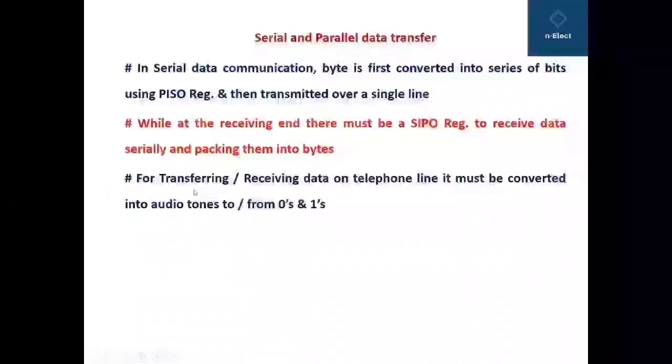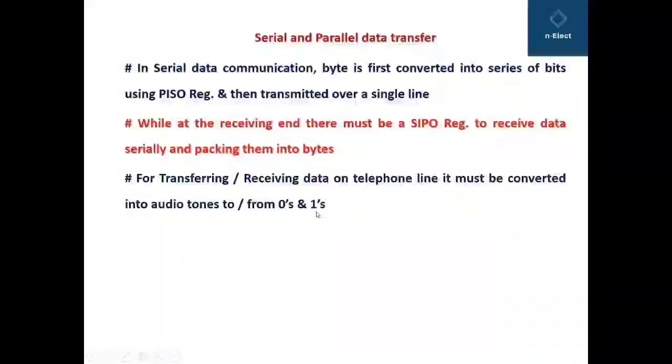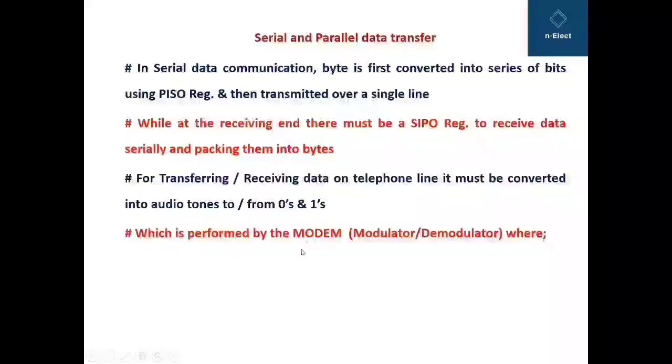Therefore, for transferring or receiving data on a telephone line, it must be converted to and from audio tones. That is, for transferring the data, zeros and ones will be converted to audio tones, and for receiving the data, the audio tones will be converted from audio tones back to zeros and ones.